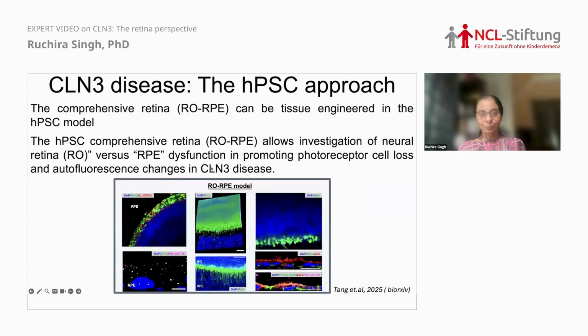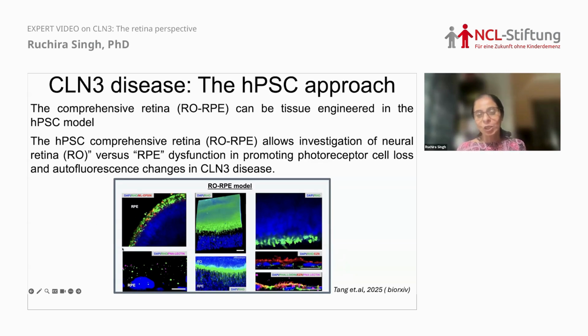So this is showing the developed RORPE model, or the comprehensive retina model, in a pluripotent stem cell derived human cell model, so a human cell model of the retina.